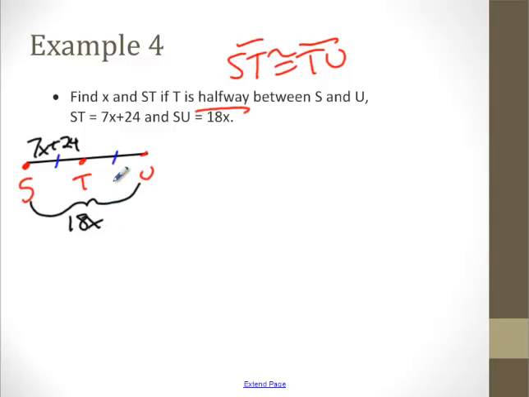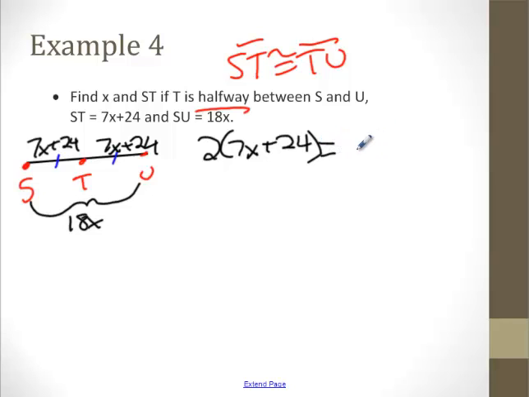Now, in the previous examples, I was given everything. I'm not given TU, but since these two are the same by this blue mark that I have, I know that both of them are 7x plus 24. So I have two 7x plus 24s. This one right here, and then this one also is 7x plus 24.